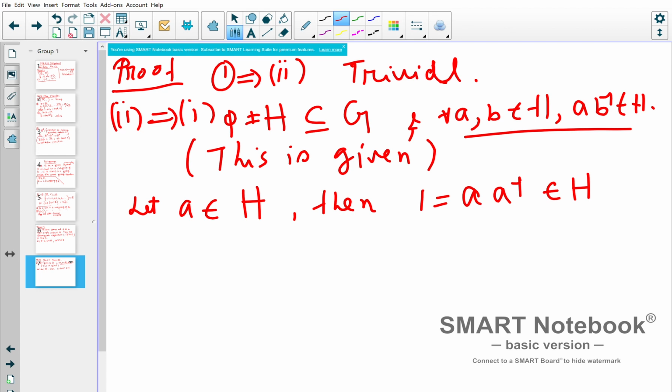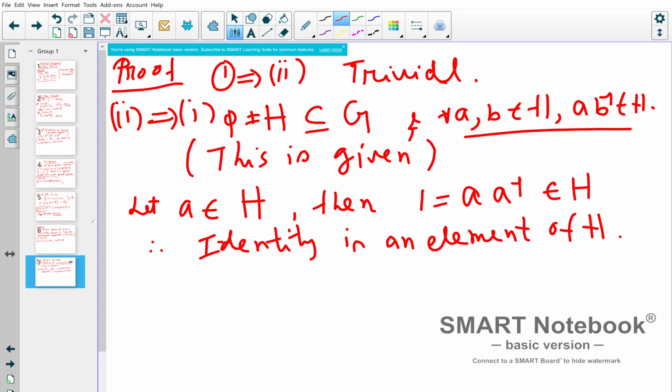So this means the identity is an element of H. Okay. And now for inverses, this is one property.